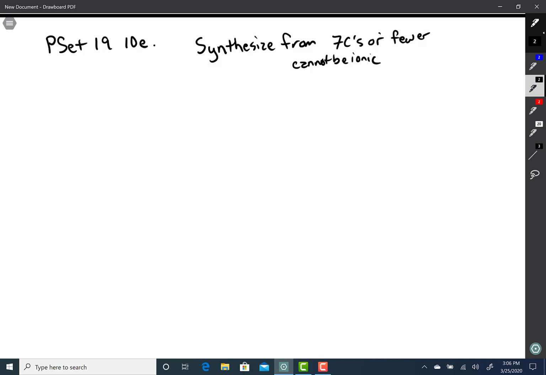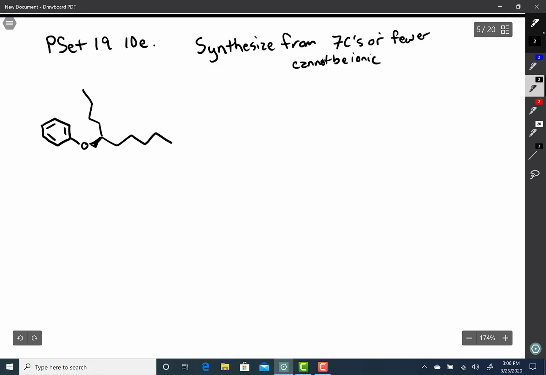10E. We start with this. And I suggest molecules like this, it's a good idea to number.